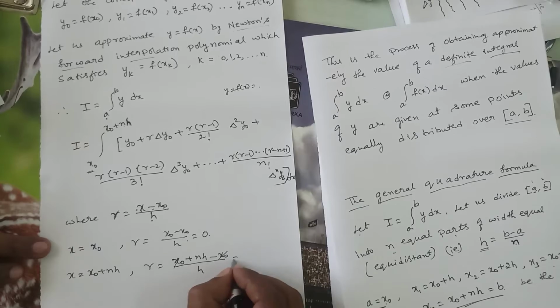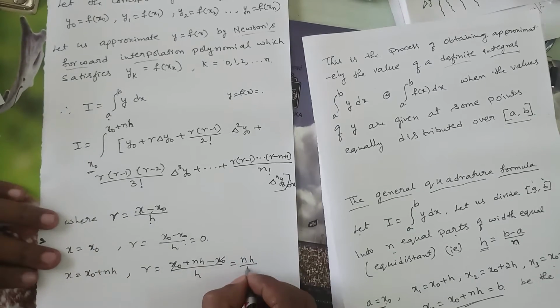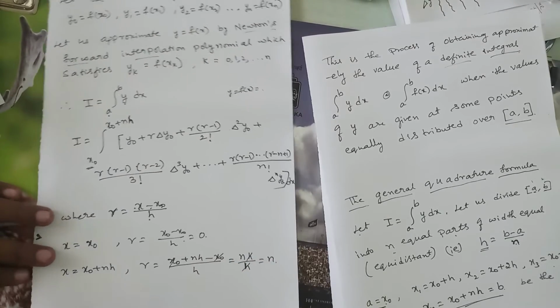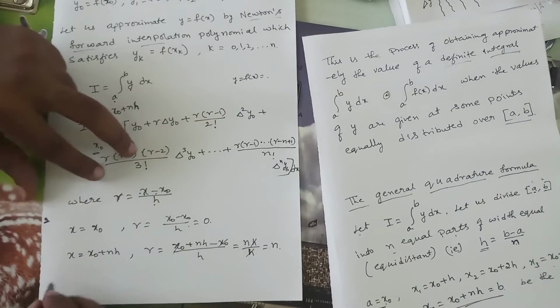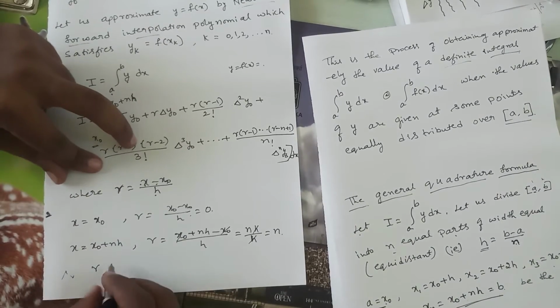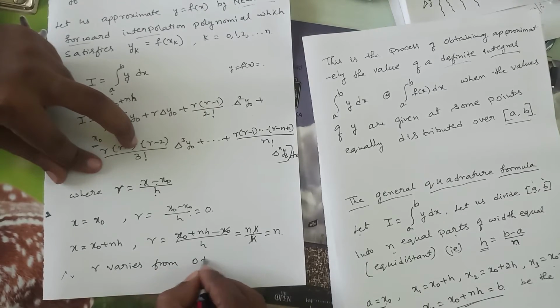These two get cancelled, so n into h divided by h, h gets cancelled, so you will get n. Therefore r varies from 0 to n.